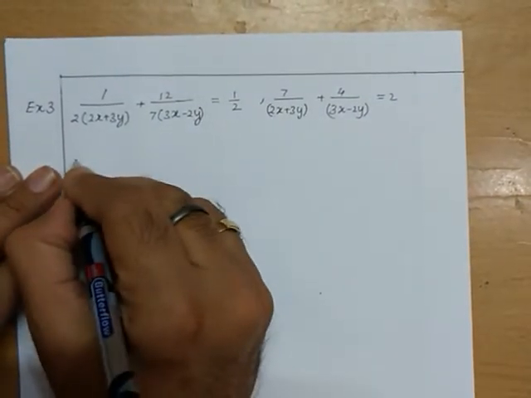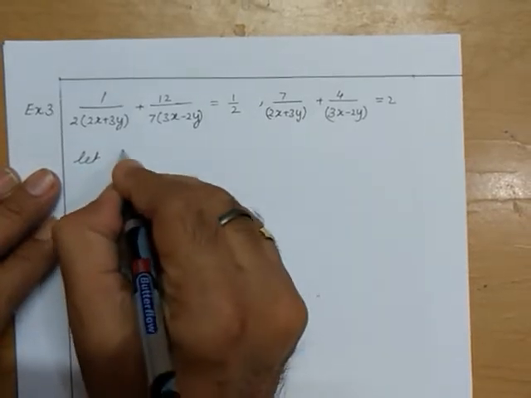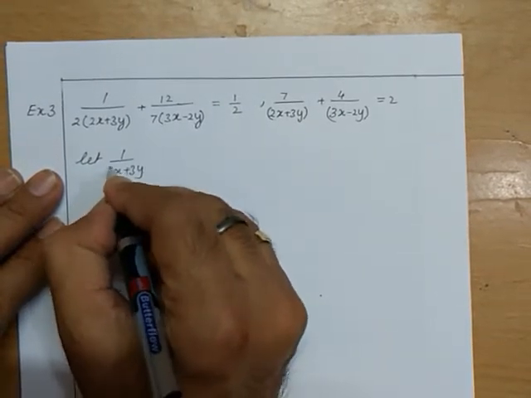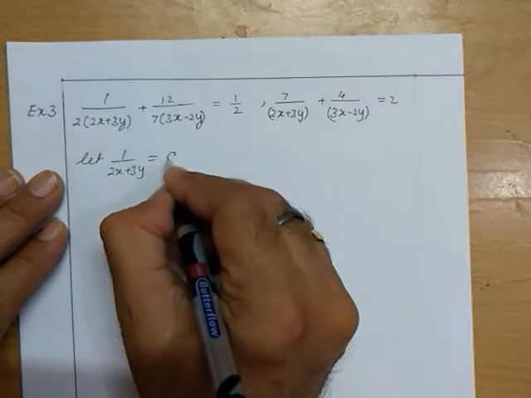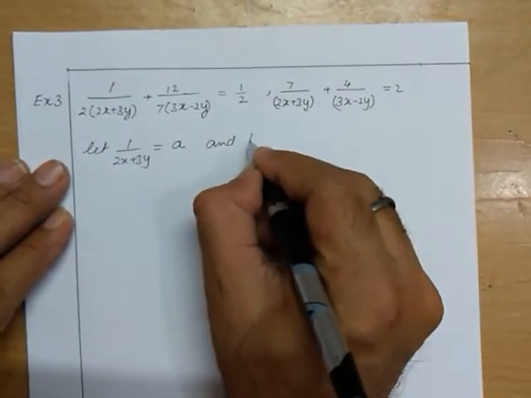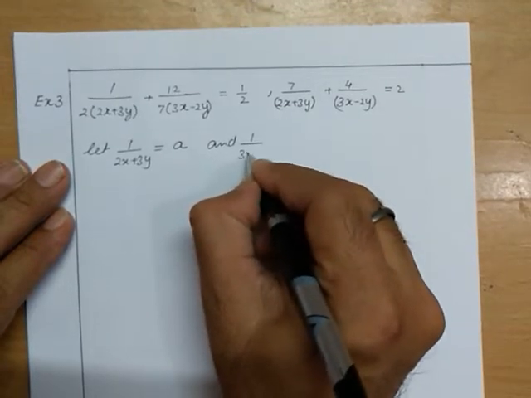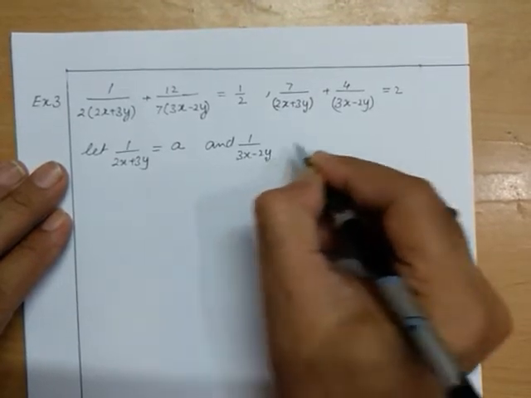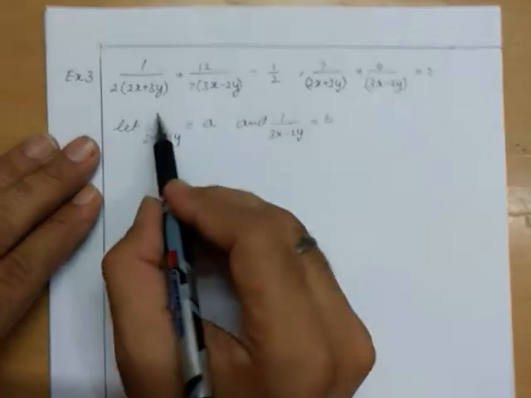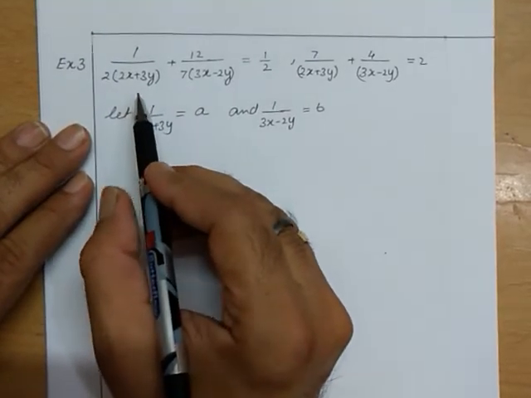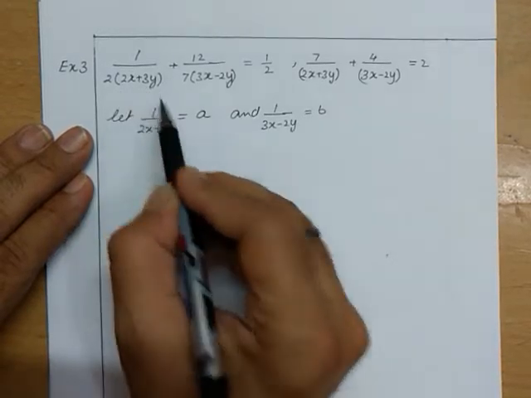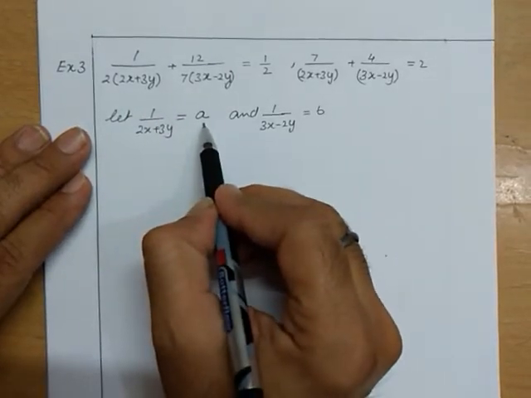So here we will assume, let 1 upon 2x plus 3y be equal to a, and 1 upon 3x minus 2y be equal to b. See? Here we are replacing this binomial with a single variable.